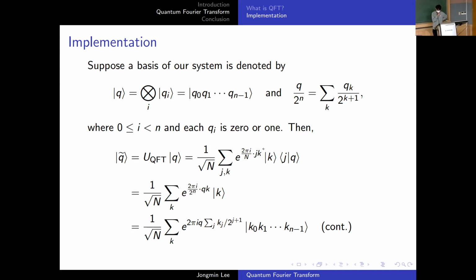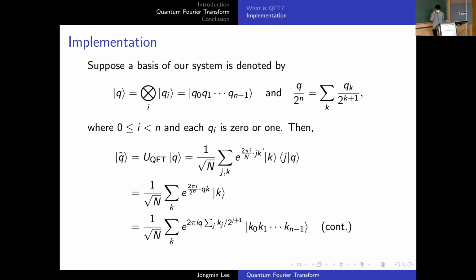We can denote the n-qubit system, which has 2 to the n basis states. We can represent them as binary numbers with n digits.